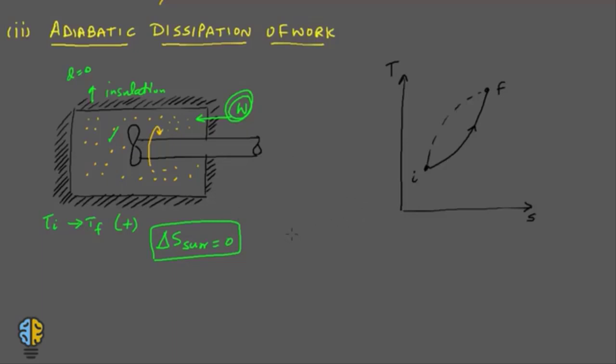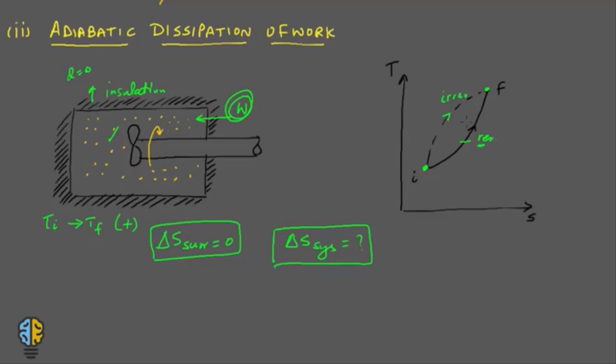Now let's find out the delta S for the system. Because the process being done is irreversible, you take your state from I to F through an irreversible path. We cannot perform the calculation of entropy change of the system via this irreversible path, so we need to replace it with a reversible one, between the same states. This dark line represents a reversible path.